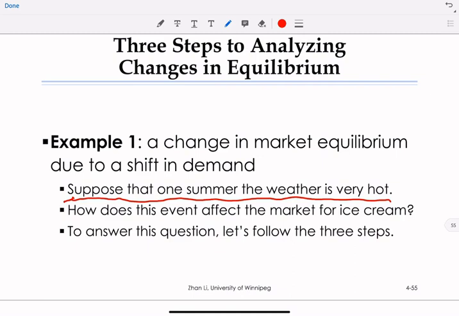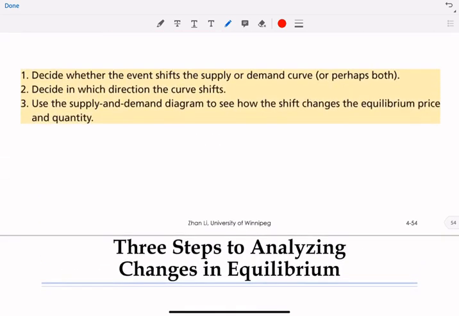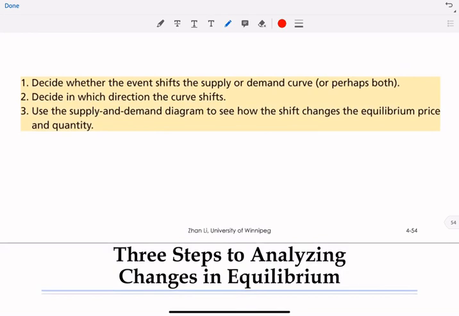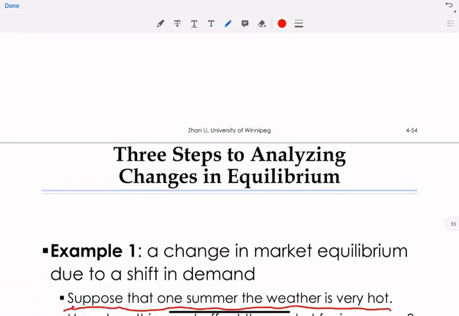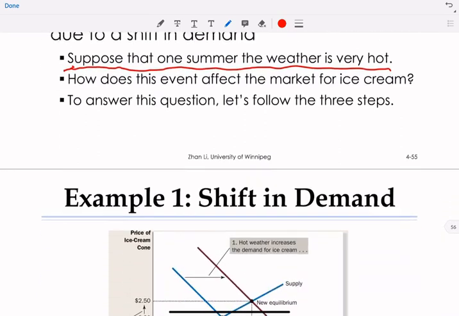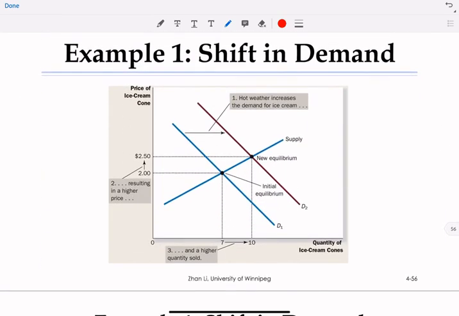The third step says you should use the supply and demand diagram to see how the shift changes the equilibrium price and quantity.